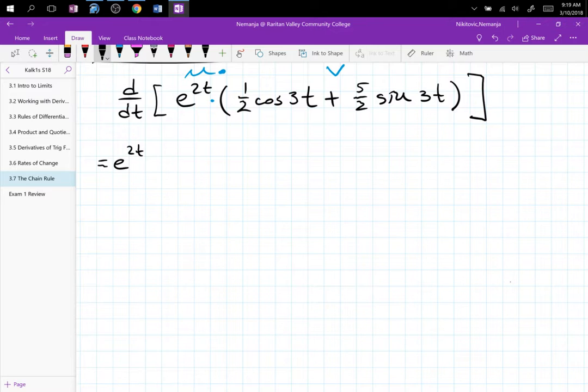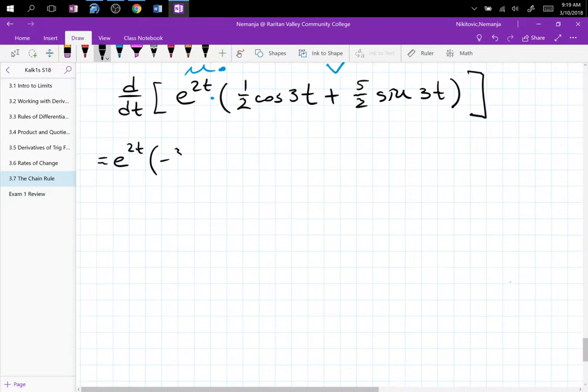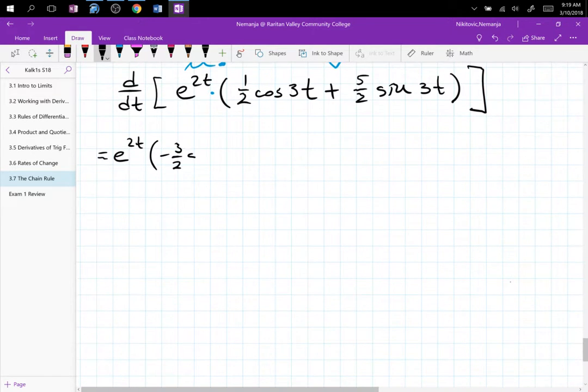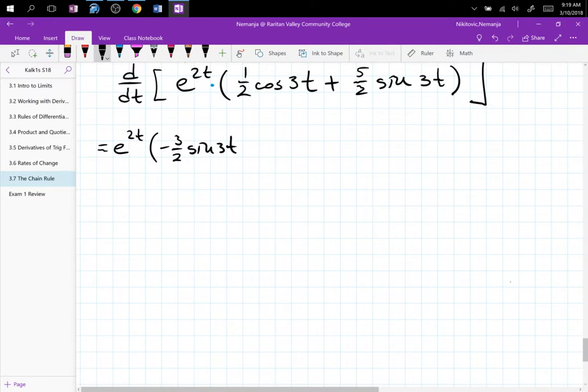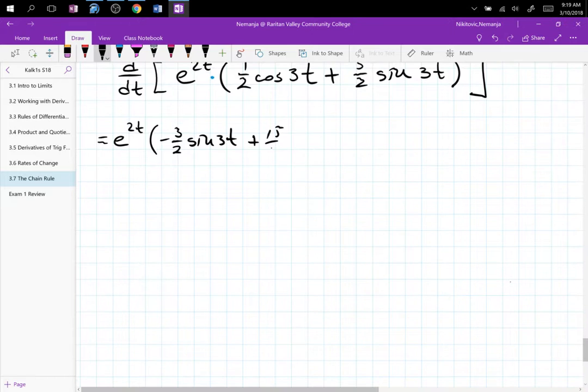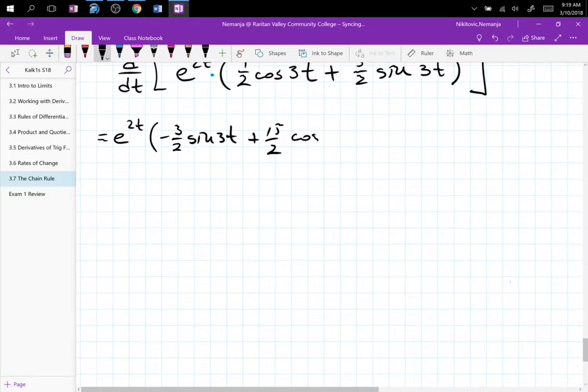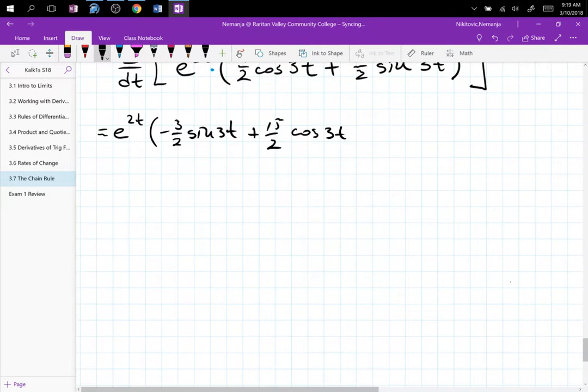Now the good thing is that the 3 just goes in front. So the derivative of cosine is negative sine. So what do I have? I have negative 3/2 sine 3t. Derivative of sine is cosine, so plus 15/2 cosine 3t.